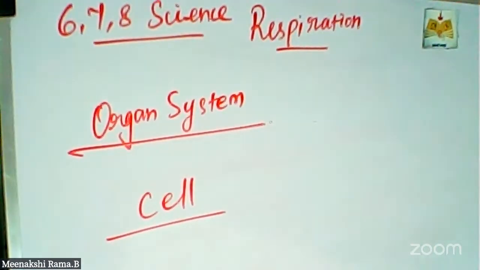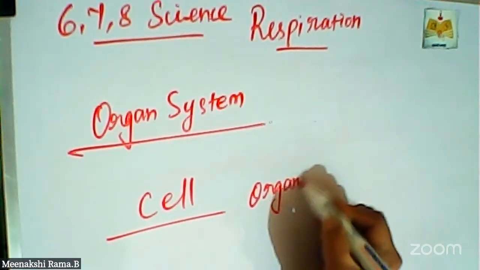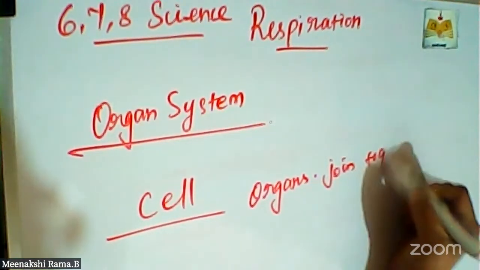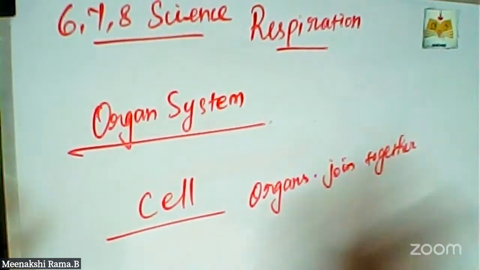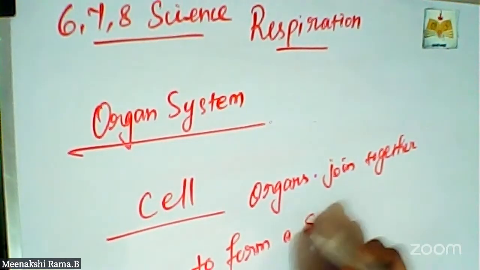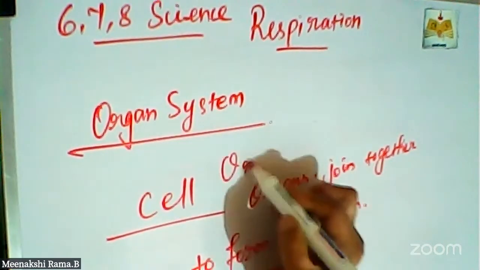A group of organs joined together to form a particular function. Different kinds of organs joined together to form a system. This system is called an organ system.